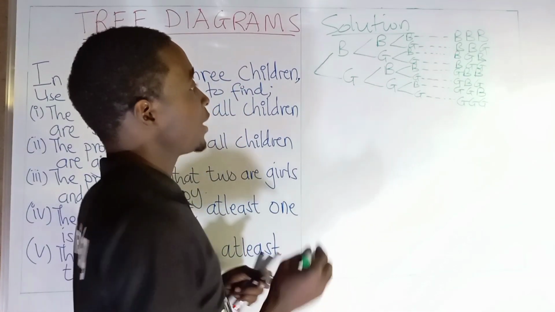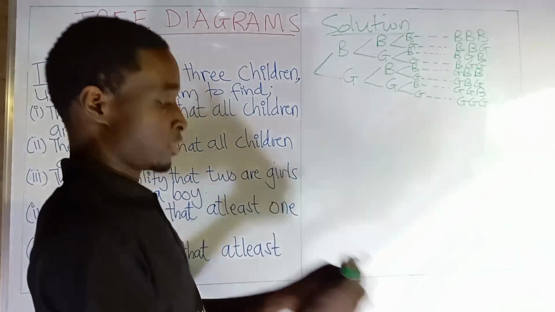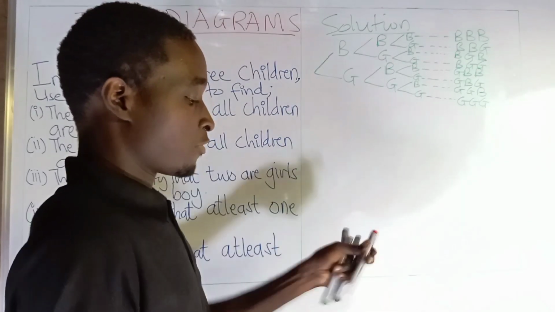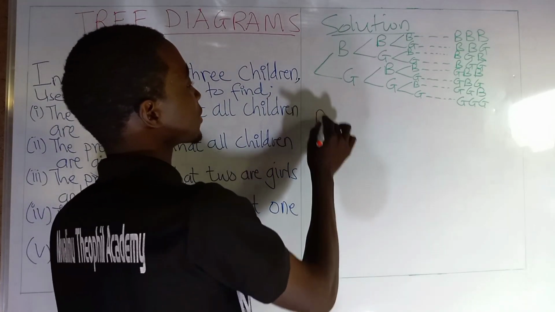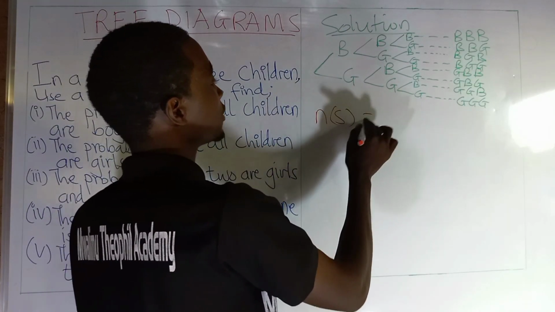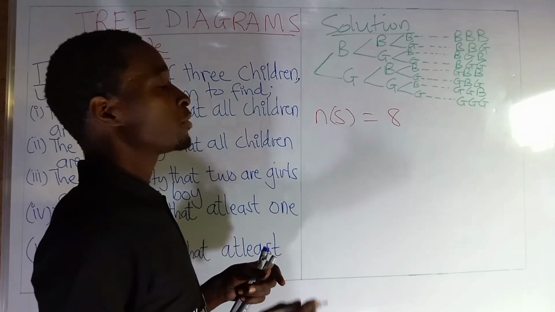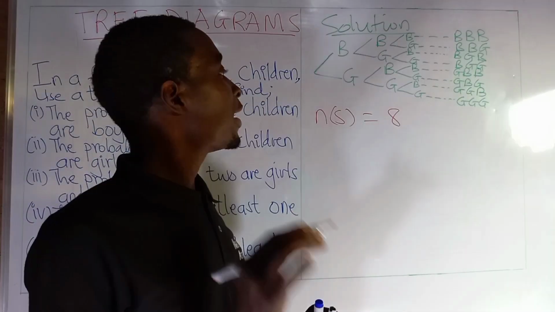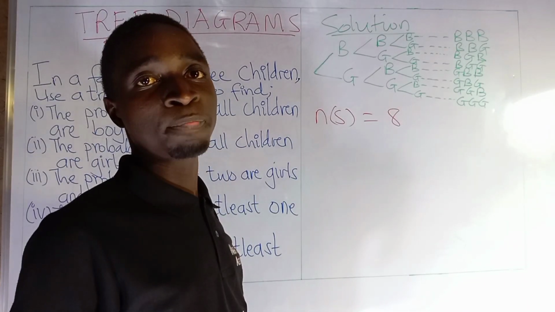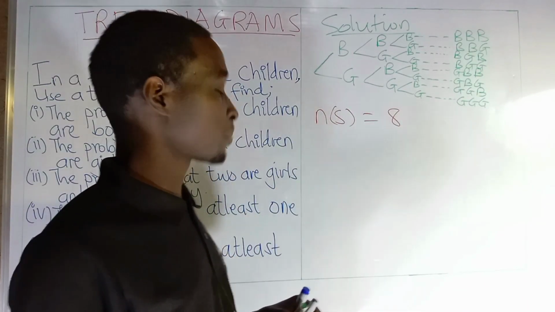Now from this tree diagram, the number of sample space is equal to 8. Why do we say that the number of sample space is equal to 8? Because 8 is the total possible combinations. So this is the number of sample space.